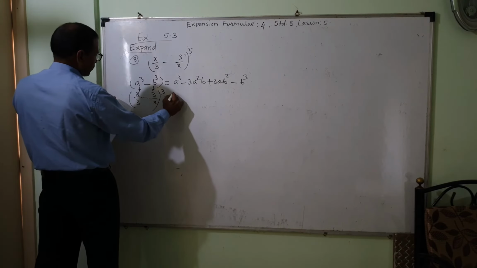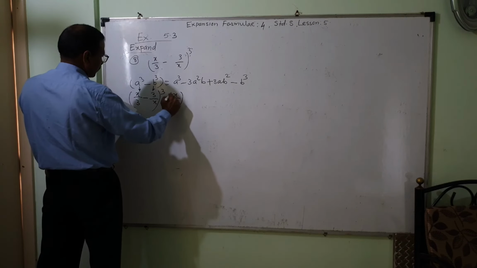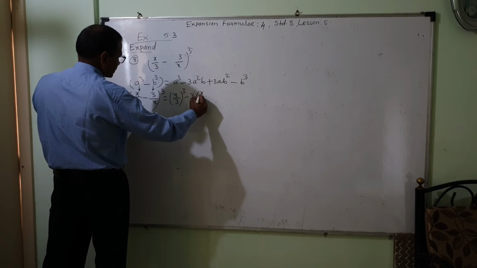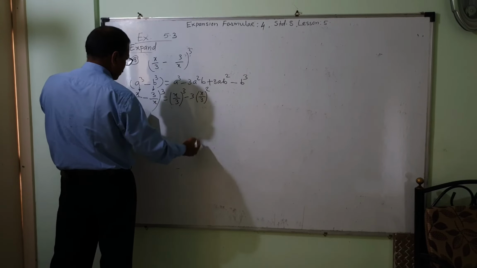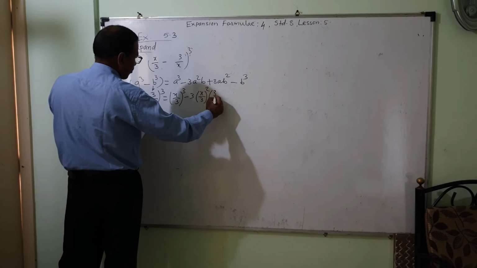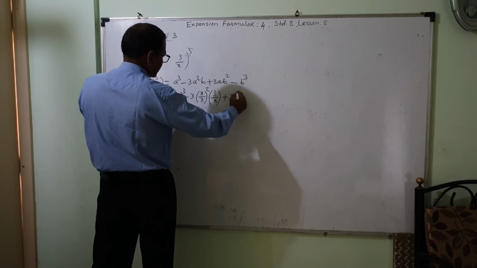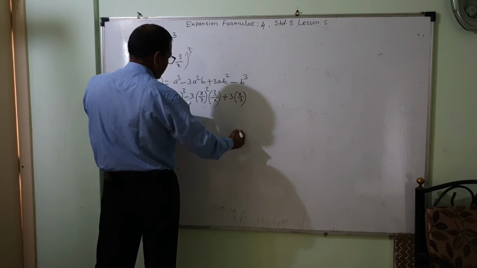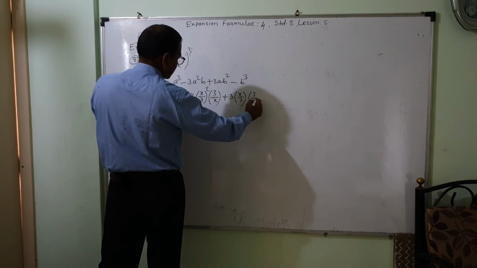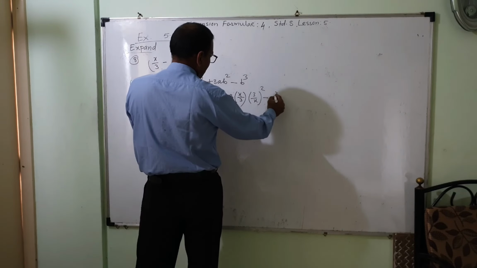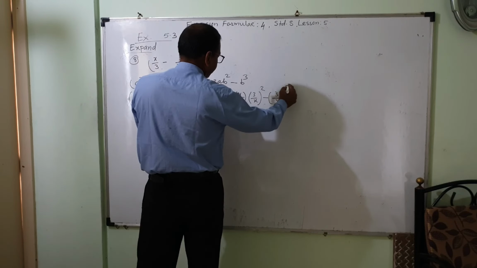So that is equal to (x/3)³ minus 3a², a² means (x/3)², into b, which is 3/x, plus 3, a means x/3, b means (3/x)², minus b³, b is (3/x)³.